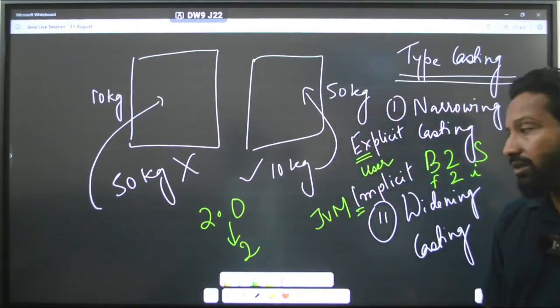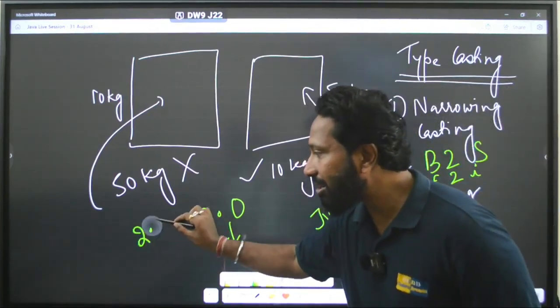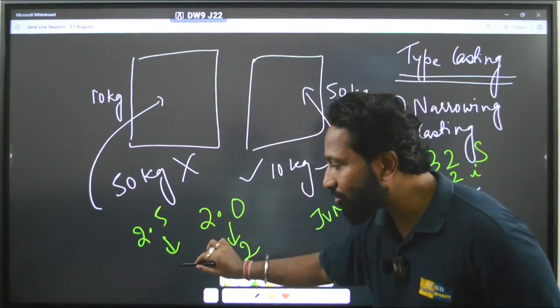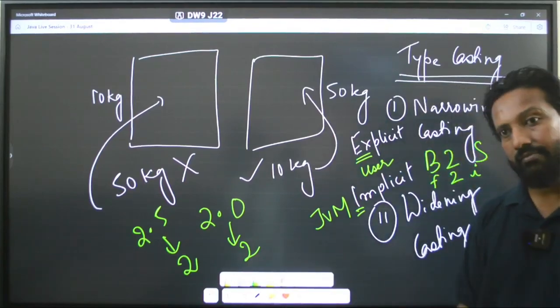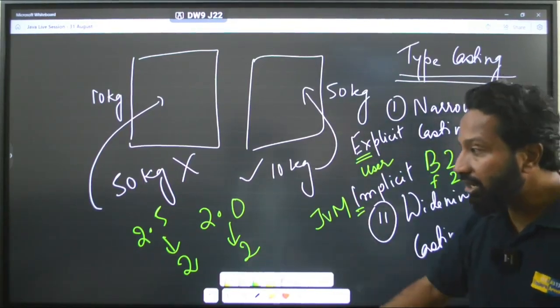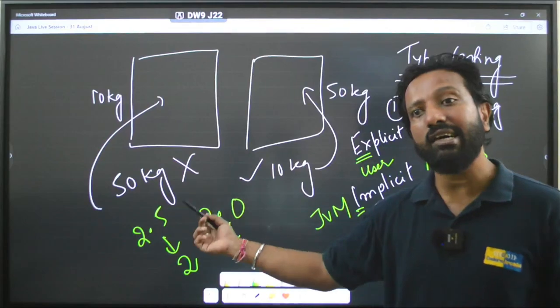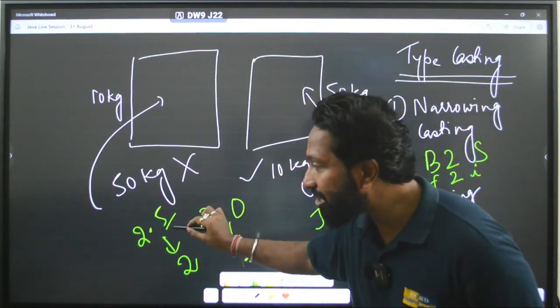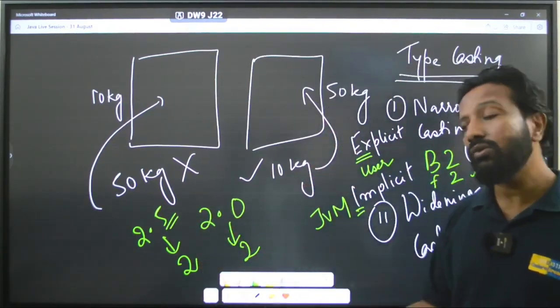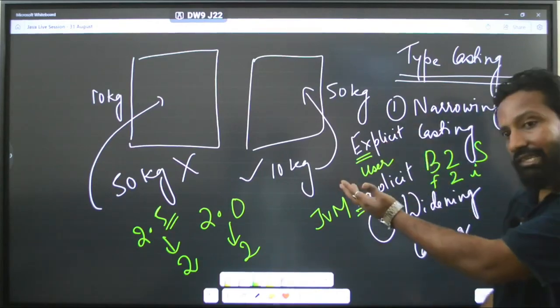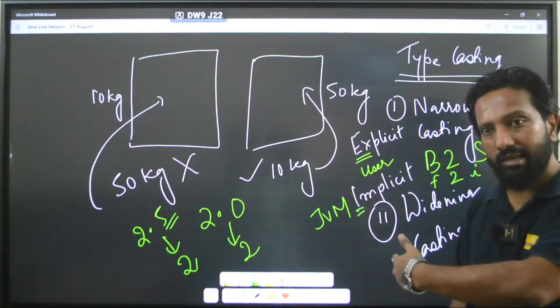If it was 2.5 and I am converting it to 2, what is actually happening? Can you tell me, anyone? We are having loss of data because the decimal part is gone. So in case of narrowing casting, we can have loss of data.